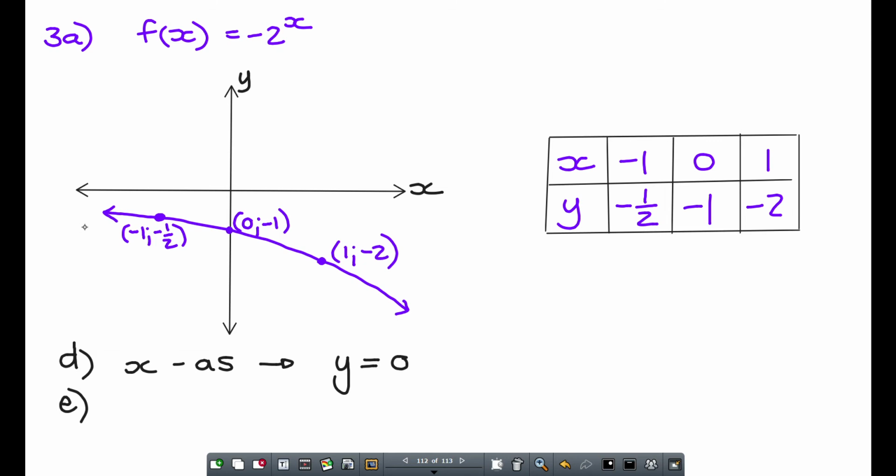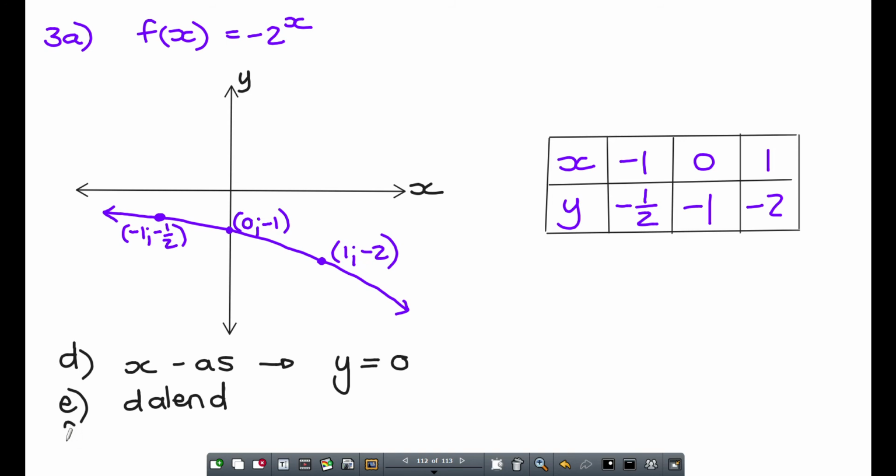So if I start over here and I move towards the right, you will see that as I move along that graph, my x-waardes raak meer. Maar wat gebeur met my y-waardes? My y-waardes raak minder. So therefore it's a decreasing function. Dit sal wees dalend. Okay, for all of them.